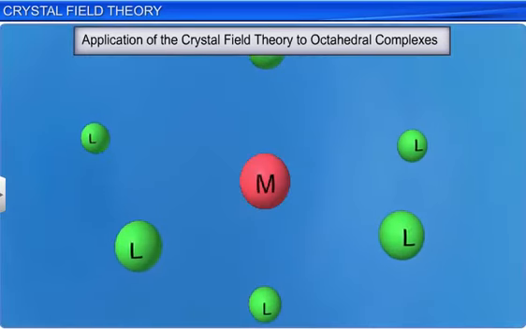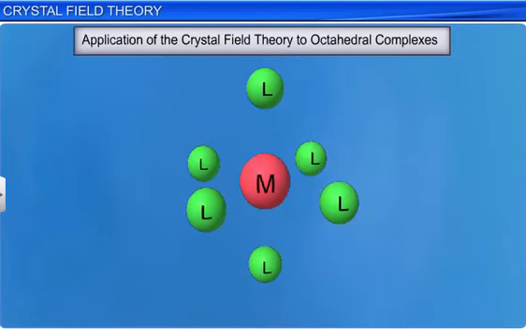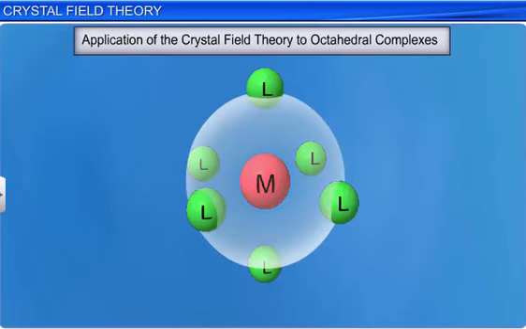The approach of the ligands towards the central metal ion is considered a 2-step process. In the first step, it is assumed that the ligands approach the metal ion spherically, that is, at the same distance from each d orbital.